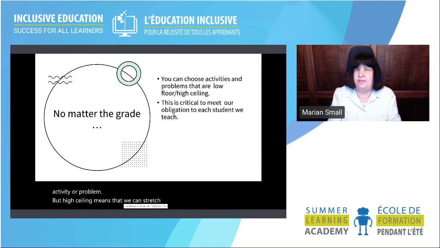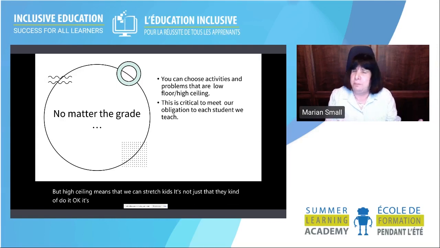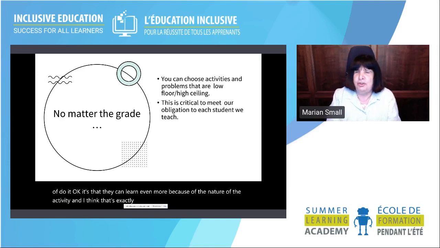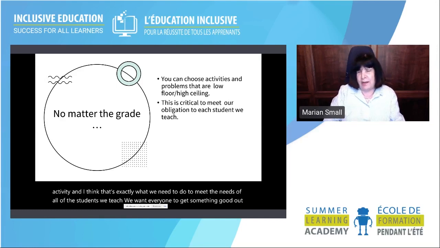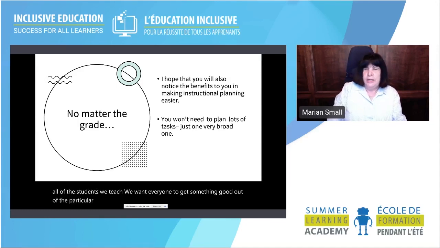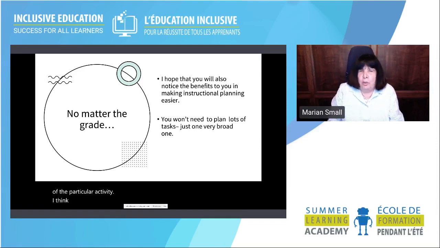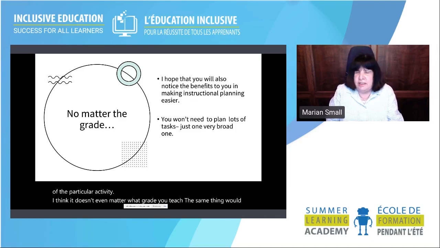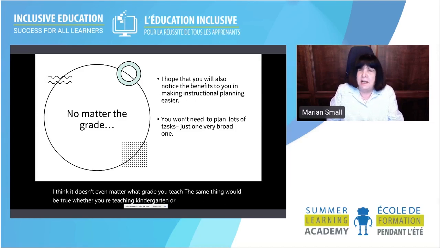It's not just that they kind of do it okay, it's that they can learn even more because of the nature of the activity. And I think that's exactly what we need to do to meet the needs of all of the students we teach. We want everyone to get something good out of the particular activity. I think it doesn't even matter what grade you teach. The same thing would be true whether you're teaching kindergarten or grade 1 or grade 8.